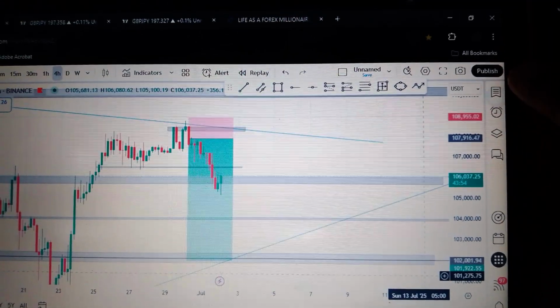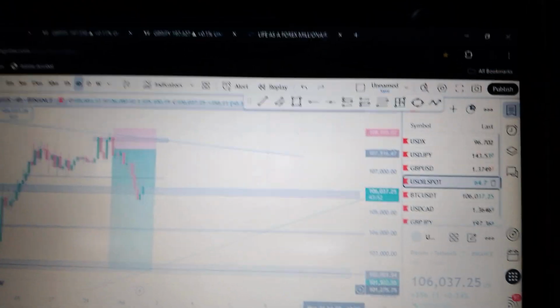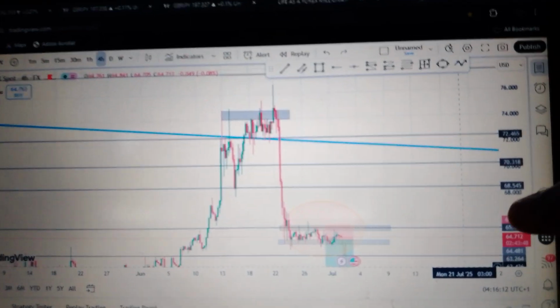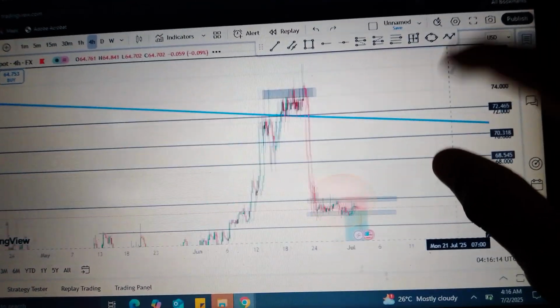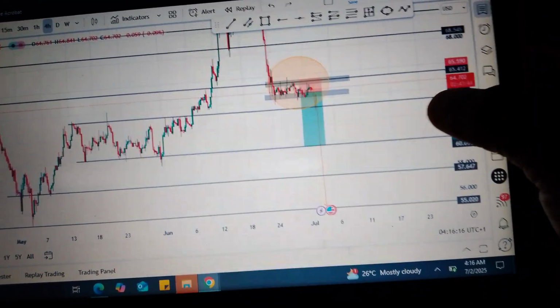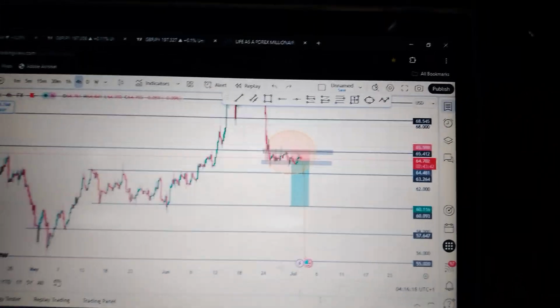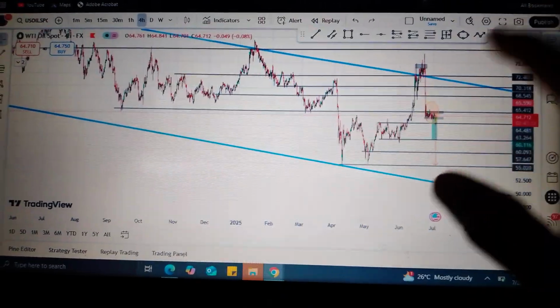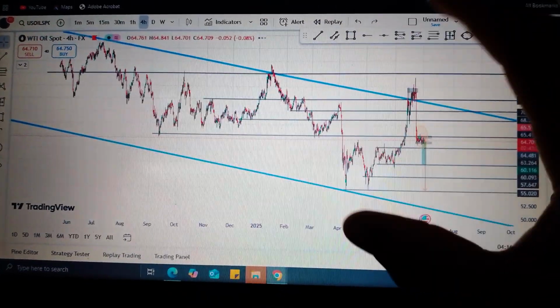So if we go to USOIL, you can see what it's presenting. I took a trade. Actually, I took a very early trade which I shouldn't have taken. So you can see USOIL on the 4 hour. I don't want to go to the higher time frame too much.